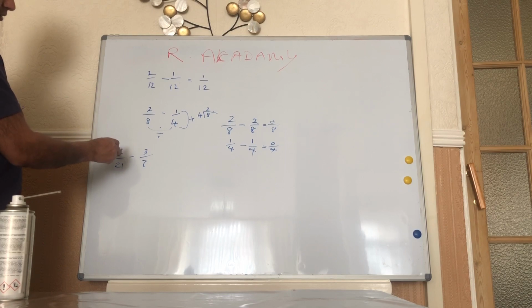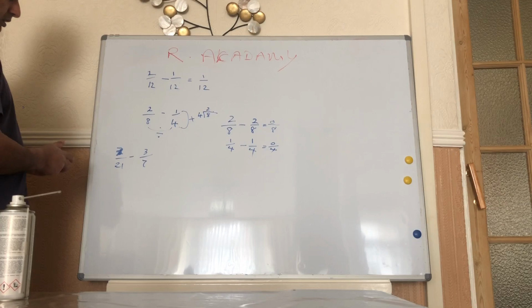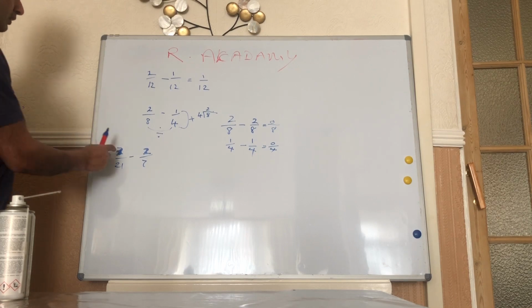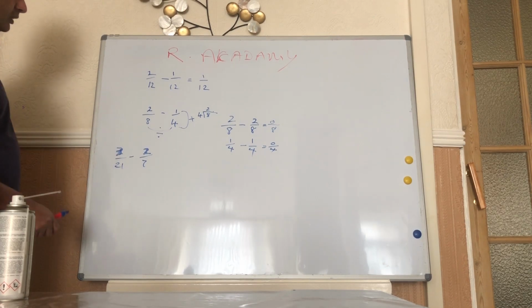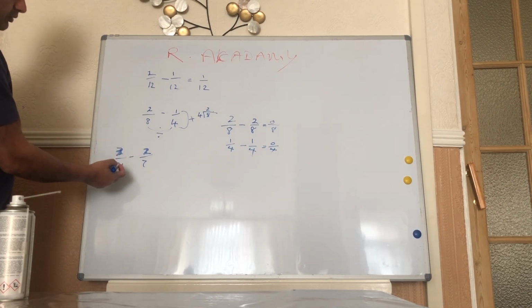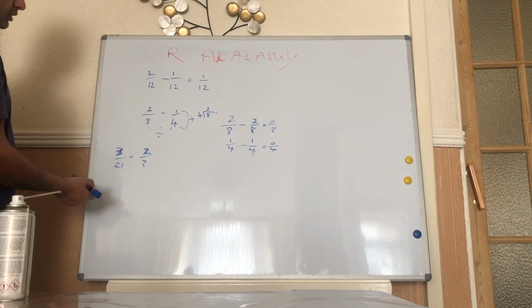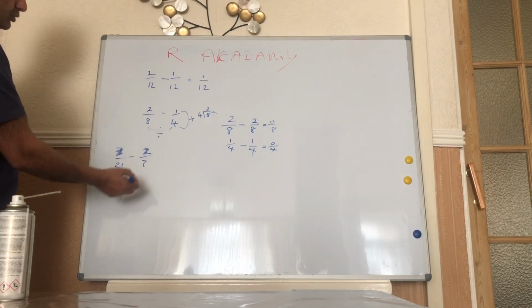So 3, and make that into a 2. So it's easy for you to read. So basically, for that to work, you can't take away 2 from 3 and say it's going to be 7 from 21. You have to bring this one back after 21.